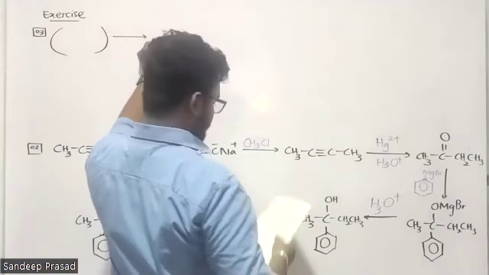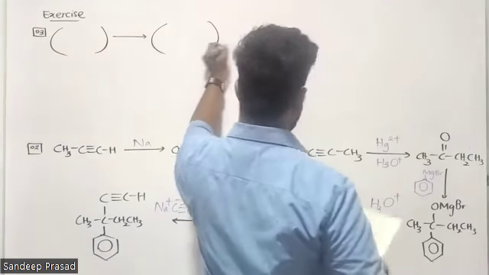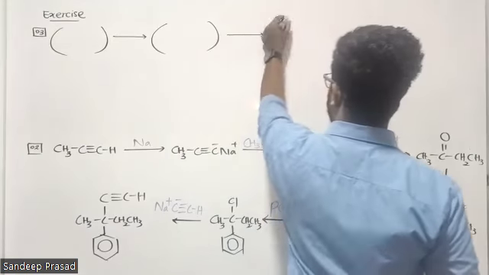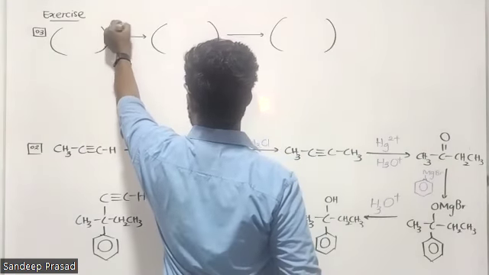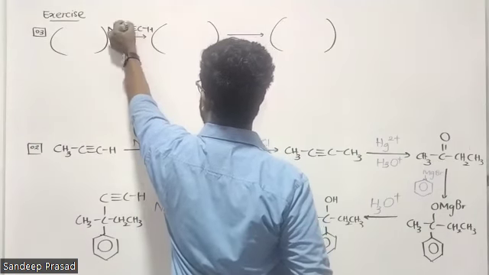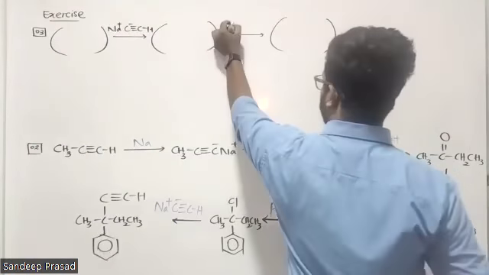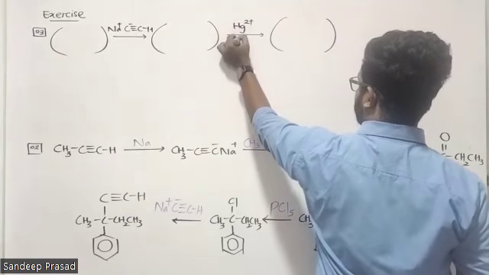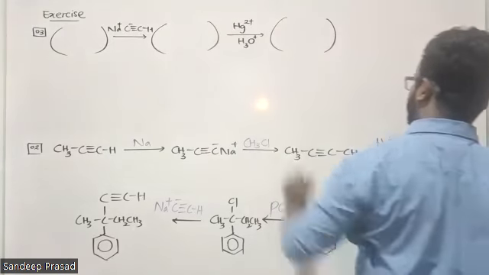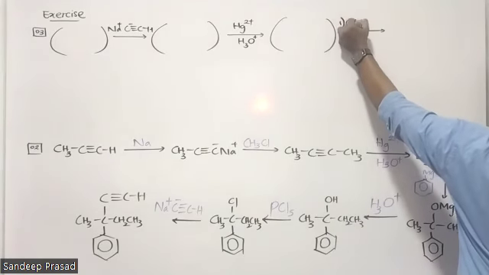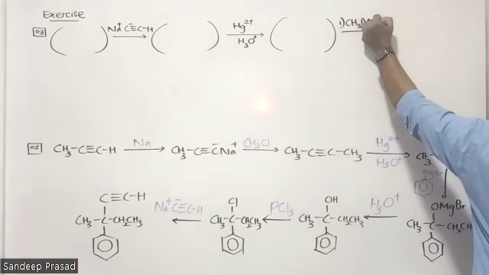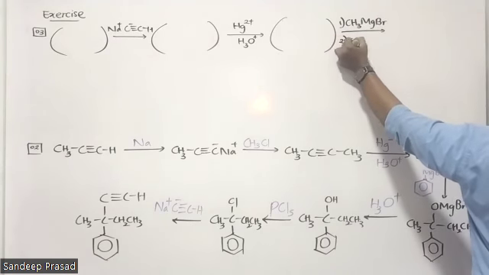In the third one, let's go in reverse. Here we are adding the sodium derivative. Hg2+, H3O plus. CH3MgBr. Secondly, H3O plus.